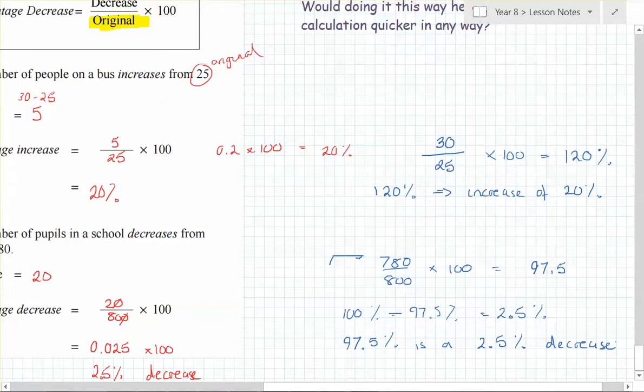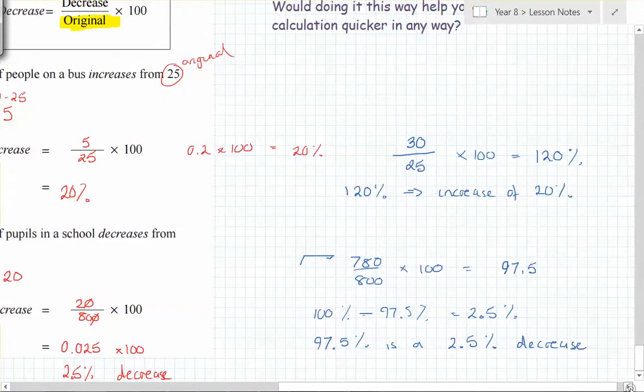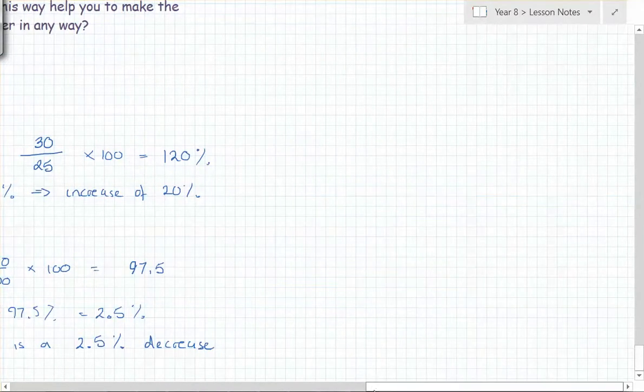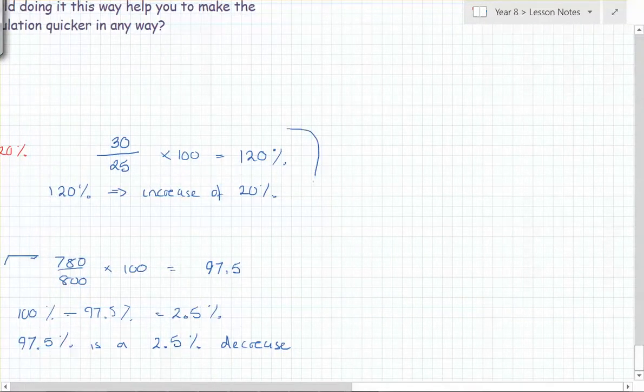Okay, so that one, Daniel, is a little bit more complicated to interpret at the end. But actually, this method here is what we need to really get into our heads. Because this method is the same thing as finding one amount as a percentage of the other.